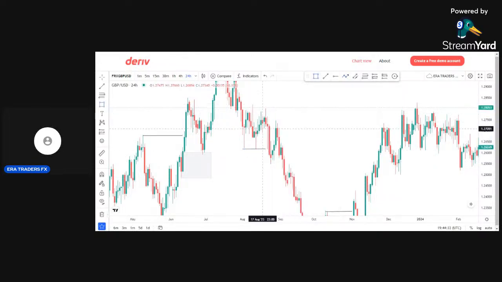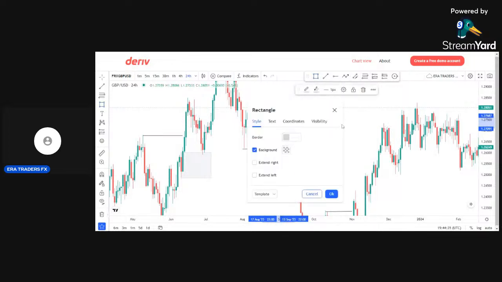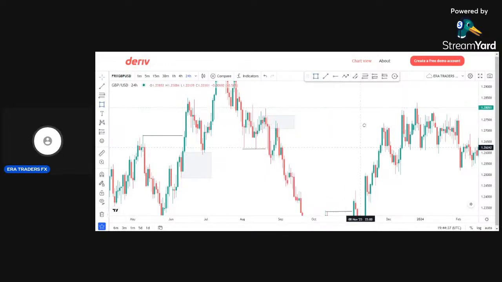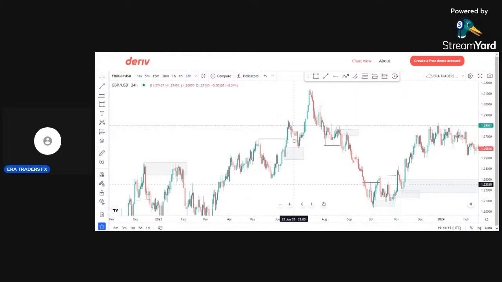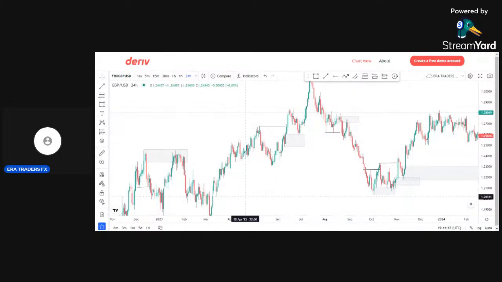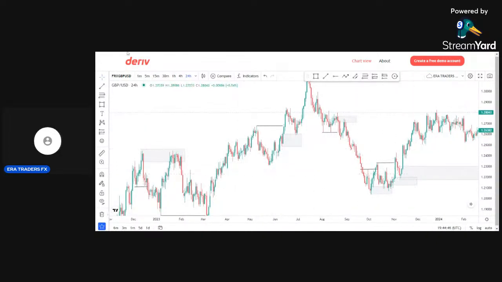Our order block. Price came into our order block. And where are we selling into? Internal range liquidity, old lows. Can you see that? Hope you guys are learning.